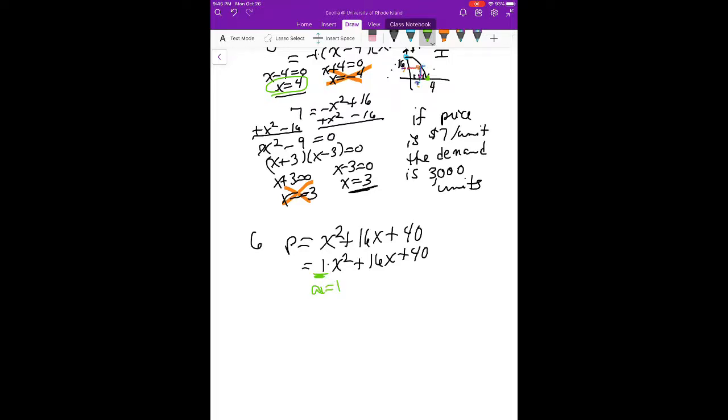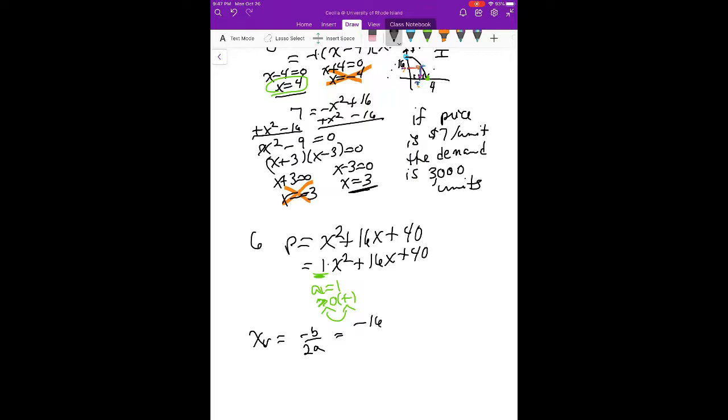So the A equals 1 is positive, or smiling, right? So let's go ahead and find out some more information about this function. So let's start out by finding that vertex.